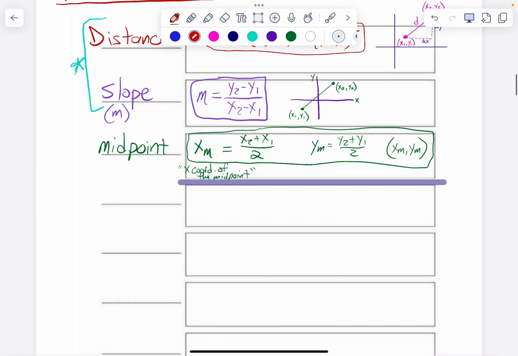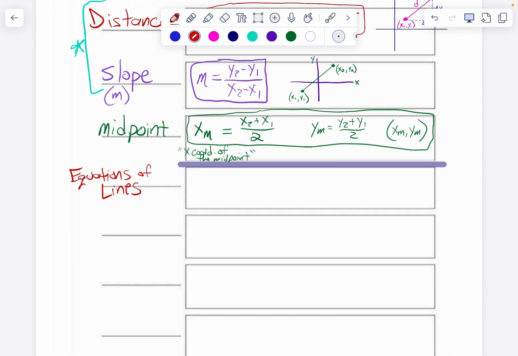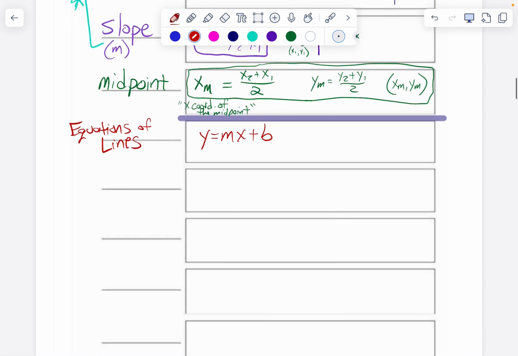So for lines, equations of lines. By the way, this will be on your final as well, so make sure you stop me if you have any questions. First one we'll write is y equals mx plus b. And that's called slope-intercept form.